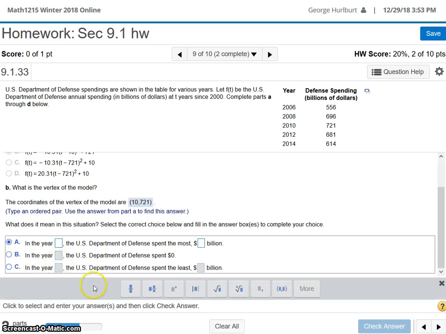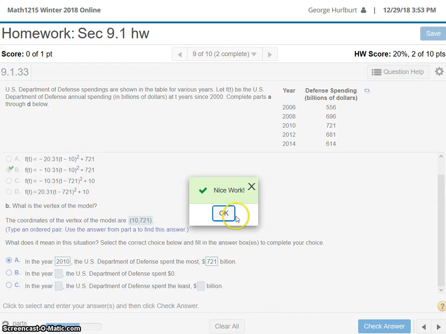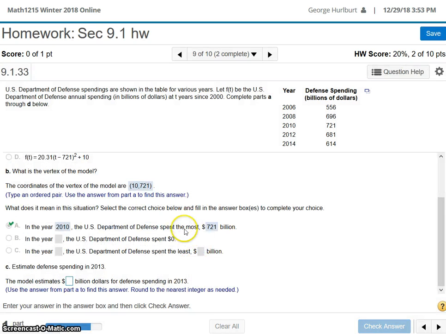It means in the year 2010, the U.S. Department spent the most, which was $721 billion. And it's important that the most part is important because it is the vertex. It's the high spot. If we were to graph this, it would be a parabola shaped like that. So this is the high spot.